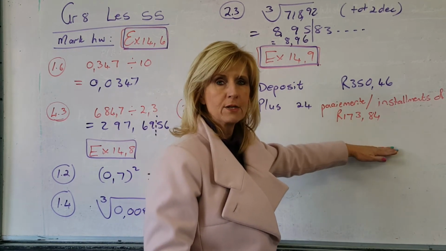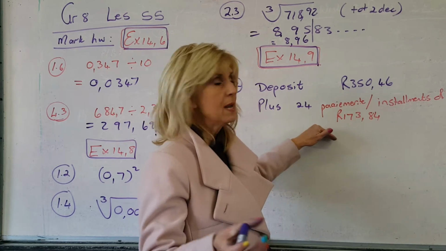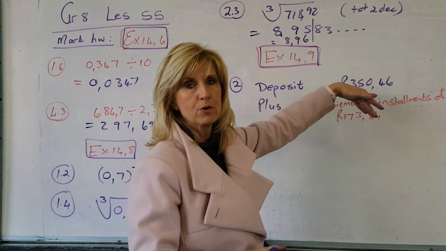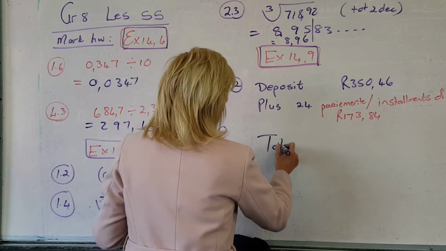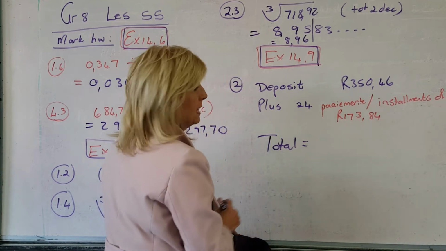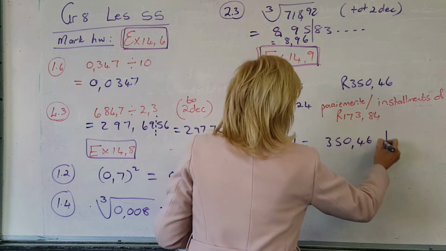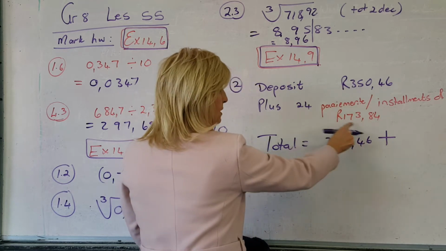It means that this amount is going to be paid 24 times, so times it with 24 to get an amount, plus the deposit, not plus 24 times the deposit, you don't pay the deposit 24 times. So in other words, the total amount that you are going to pay is the deposit, the 350.46, plus 24 times that amount, 24 times that amount.